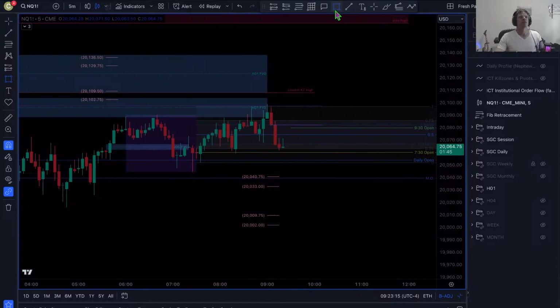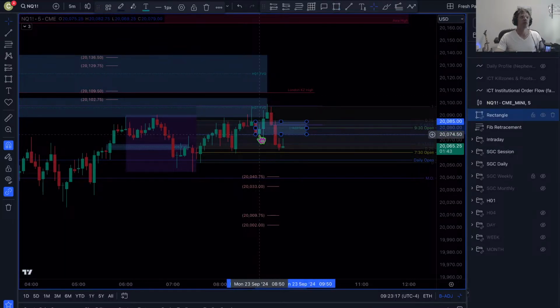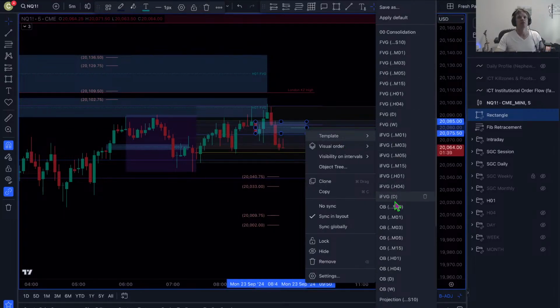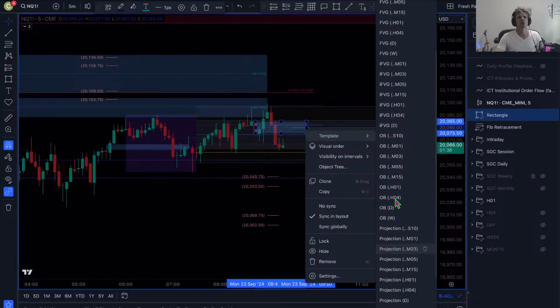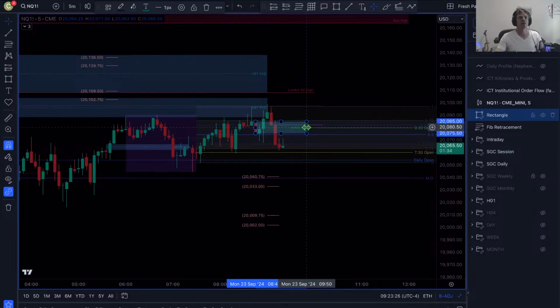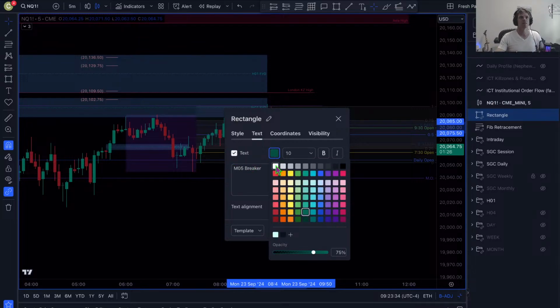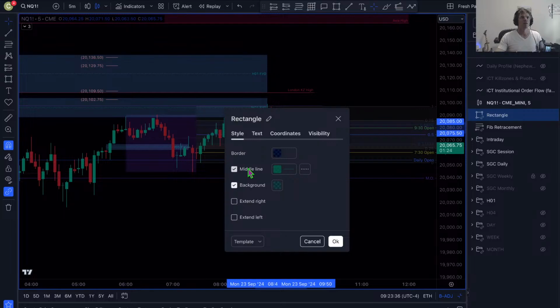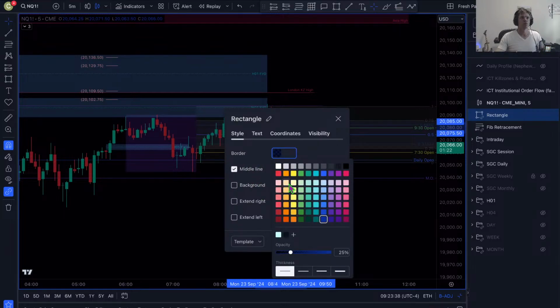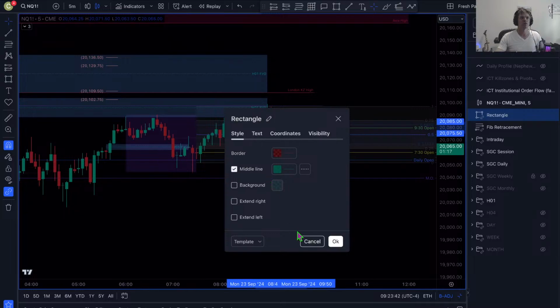You could look at this as sort of the breaker block on the 5-minute, which I believe has already been, it has not. So I need this.